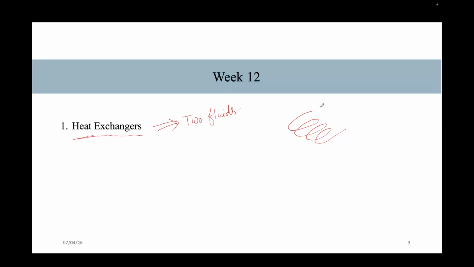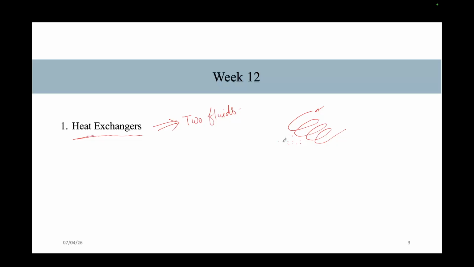I am talking about a room heater. As this hot water passes through this element, it transfers heat to the surrounding cold air, which is also a fluid, and the cold air takes up the heat and its temperature increases. That's why we feel warm in front of the heater, right?